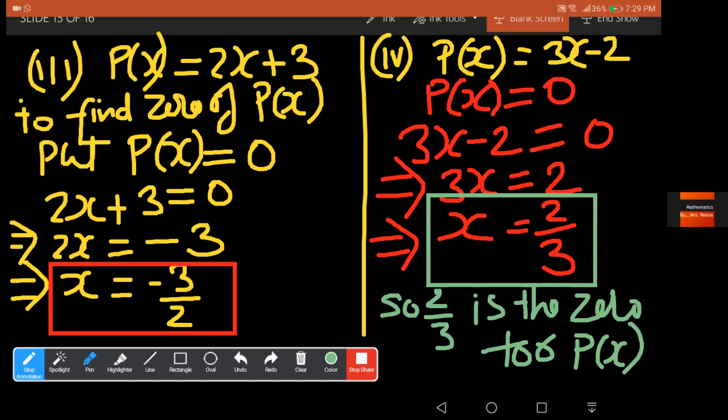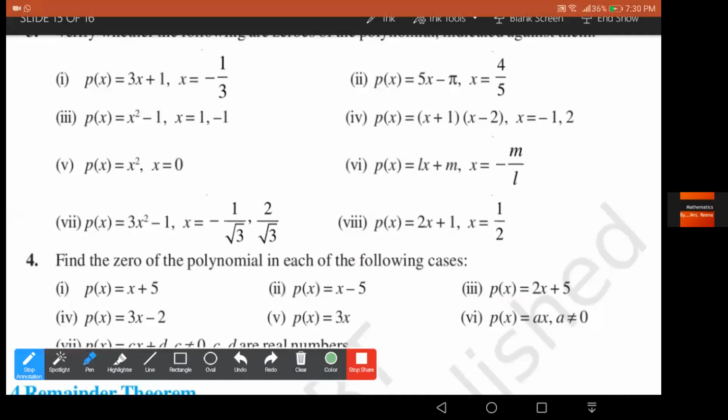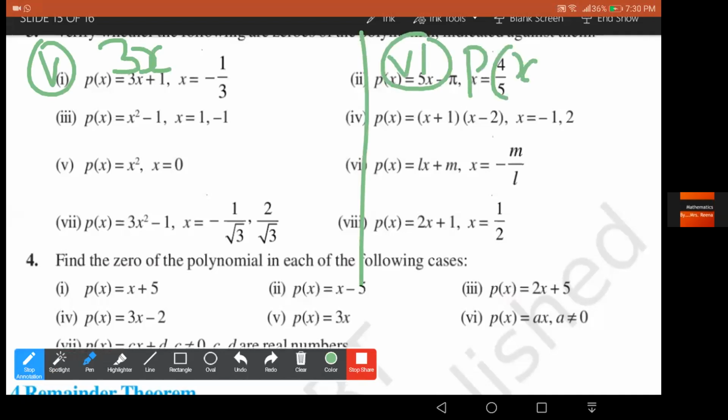So let us see what is given in the rest. What is given in the rest? Fifth part, 3x. So in the fifth part we have 3x. Okay. And in the sixth part P(x) = ax. Okay. So let us see how to do this question.